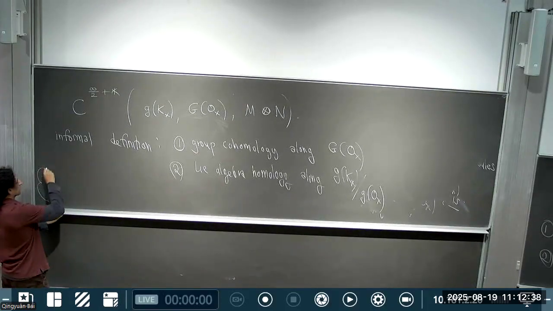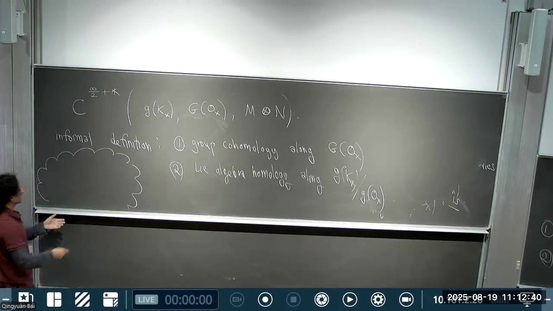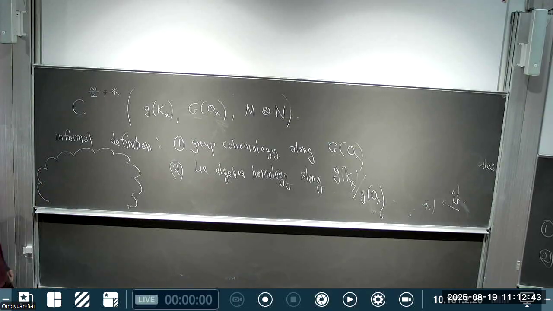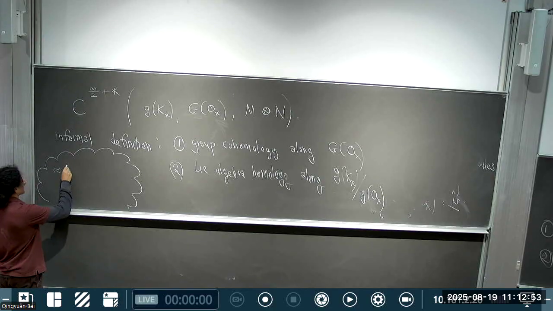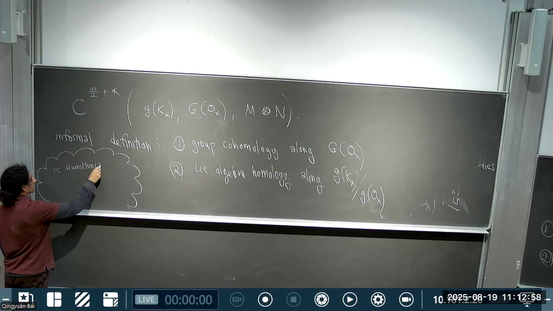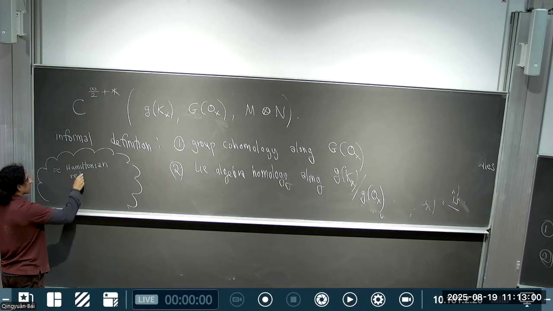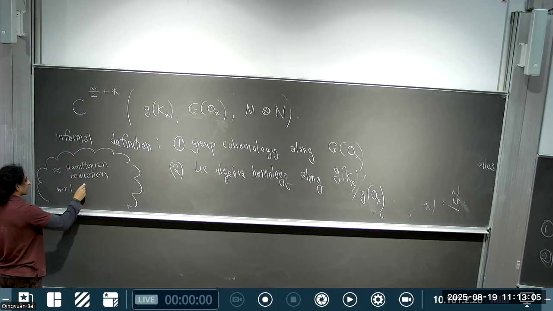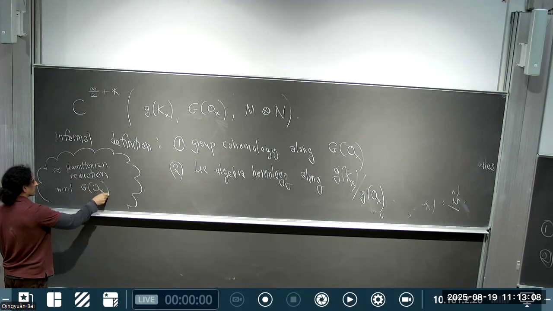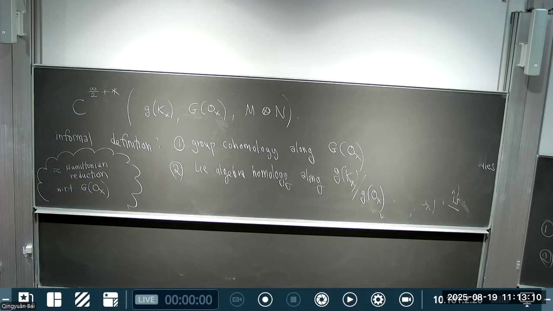Just the intuitive picture for this, which I won't say super carefully at all: if you half remember what Hamiltonian reduction looks like, there's two steps in it.